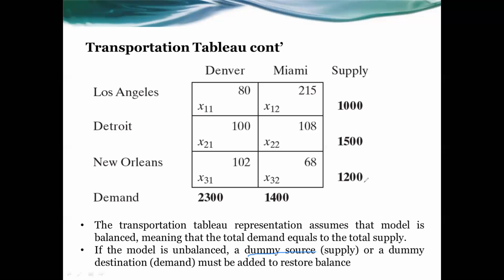It doesn't matter, but whatever you take, these figures need to be accurate. Now this is your tableau, and the first case we are taking is a balanced case. Now let's see what we can do with this to find an optimal solution.